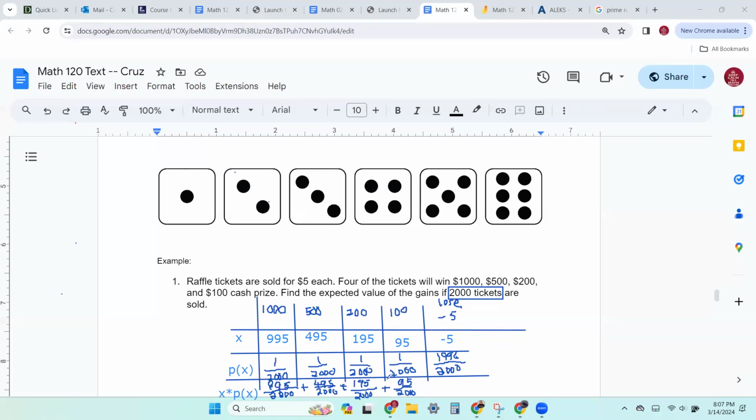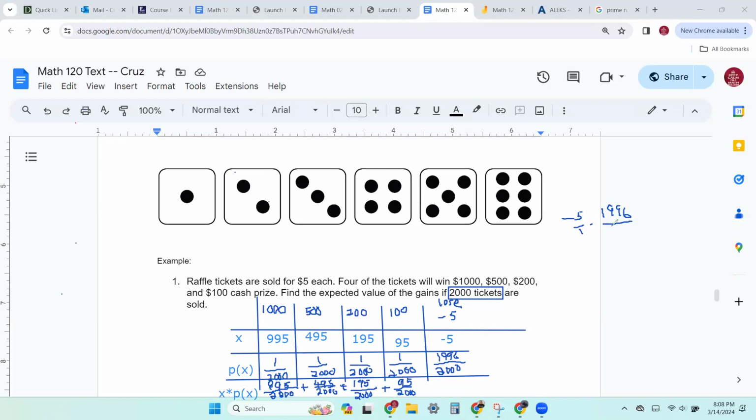And you could do these as decimals if you wanted to. You could do this with the TI and do it as a decimal because it's going to be expressed as money. And for the TI, that one is the way to do it. So I'm going to show you over here on the side how we get this. This is -5, and it's -5 over 1 times 1996 over 2000.